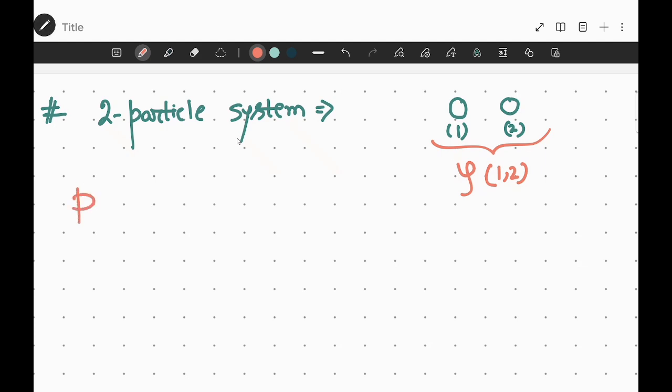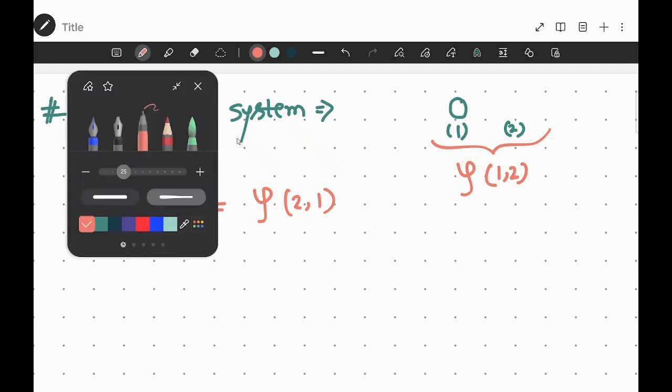Now, this is a permutation operator. Permutation operator means when the permutation operator operates on this psi, it changes to psi 2, 1. Why is this? Let me change the color.